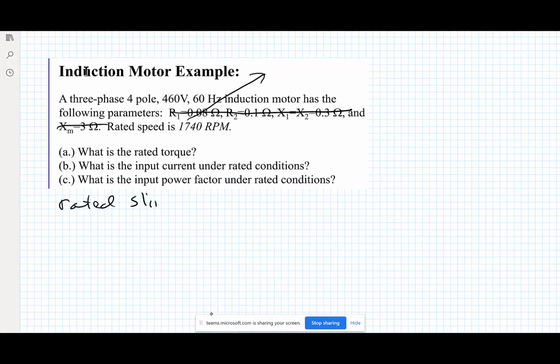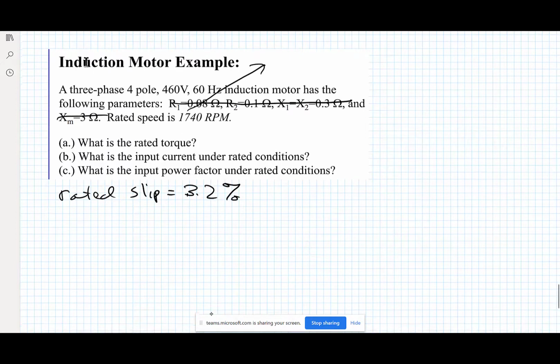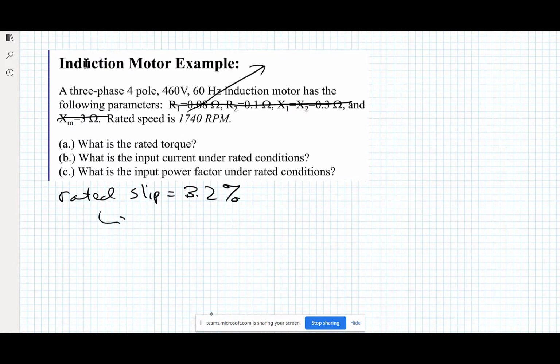I'm going to give you the slip in percent: 3.2% rated slip. So that's the same as saying S equals 0.032.